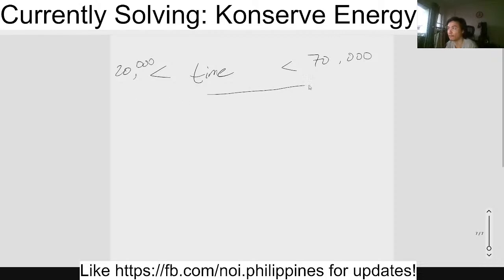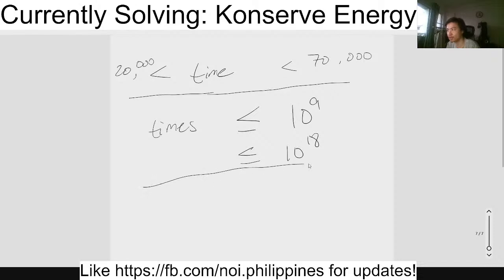But let's change the problem a bit. Let's say that the times are now up to 10 to the 9, or maybe even up to 10 to the 18. Then you can't do what we did anymore.